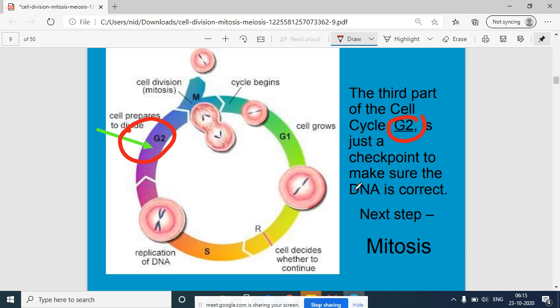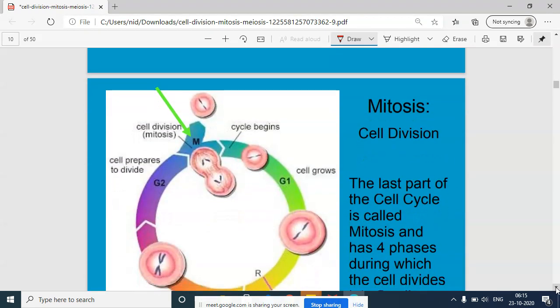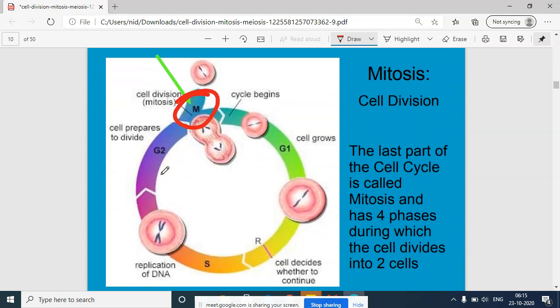When it gets the message that the DNA is correct after the duplication and replication, it starts to move towards mitosis. The next step is now mitosis, where the cell division takes place. The last part of the cell cycle is called mitosis and has 4 phases, during which the cell is going to divide into 2 cells.